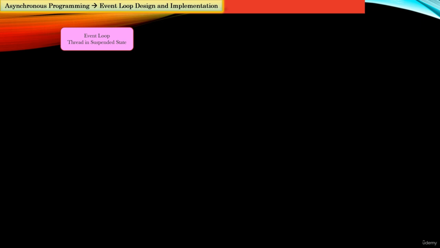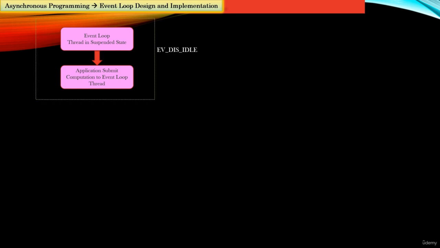To start with, the event loop thread is in a suspended state and it continues to be in the suspended state until the application submits the computation to the event loop thread. So at this point of time, we say that the event loop thread is in idle state, that is, it is doing nothing other than being in the suspended state.